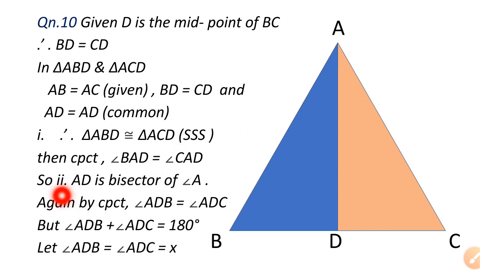Now for the third part, again we use CPCT. That means by the corresponding parts of congruent triangles, the angles are equal.